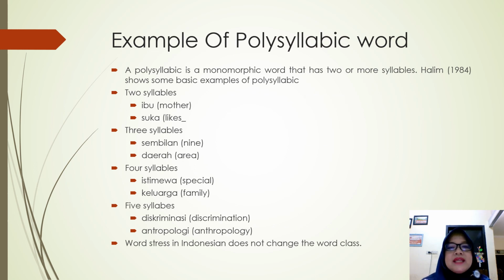This one is the example of polysyllabic words. A polysyllabic word is a monomorphic word that has two or more syllables. Halim 1984 shows some basic examples of polysyllabic words in Indonesian. With two syllables, for example, the words ibu and suka. With three syllables, the words sembilan, daerah.